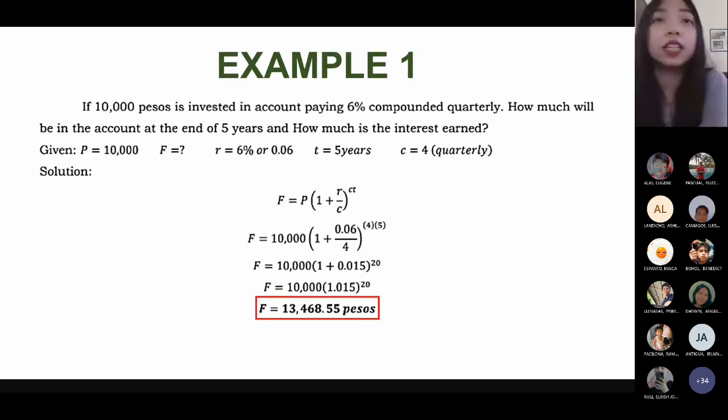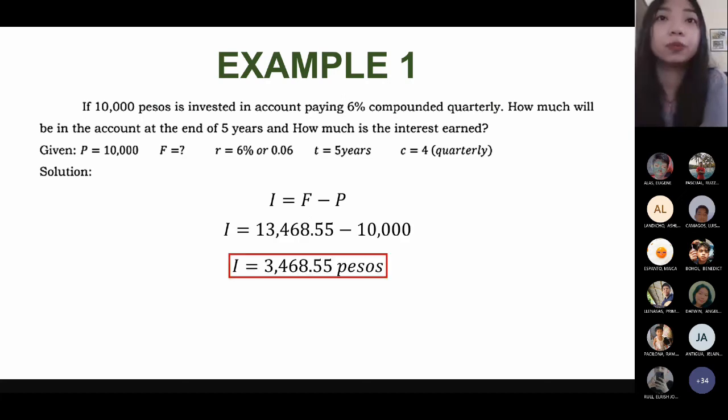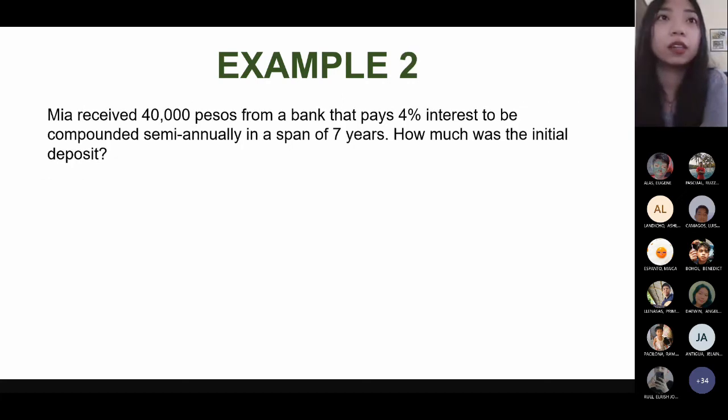We have C that is equal to 2. And then, meron tayong F, R, C, and after that, may nakalagay dito in a span of 7 years. So we have our value of T that is in terms of years, that is equal to 7. O, yun na yung ating mga given.